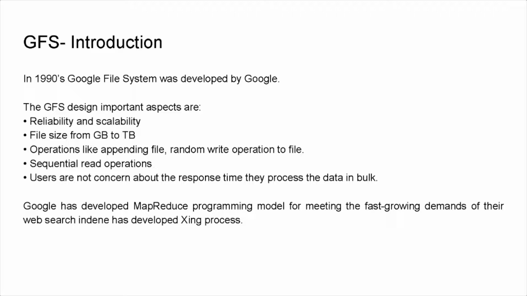Users are not concerned about the response time; they process the data in bulk. Google developed the MapReduce programming model for meeting the fast-growing demands of their web search engine. The GFS system is used to perform the MapReduce computations.